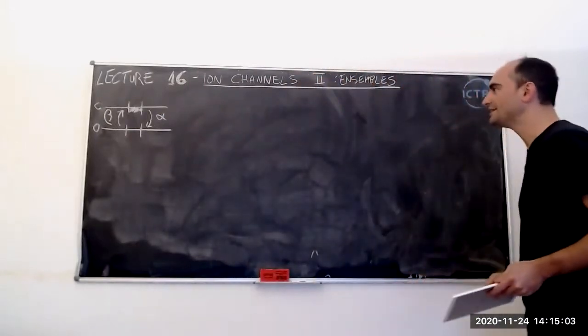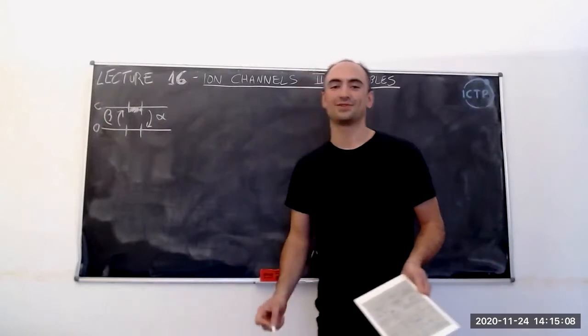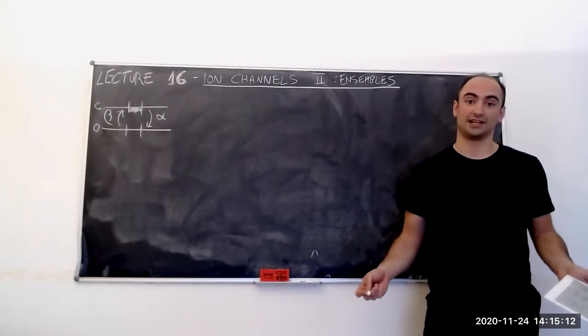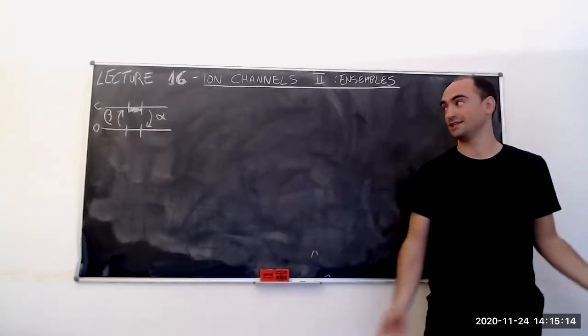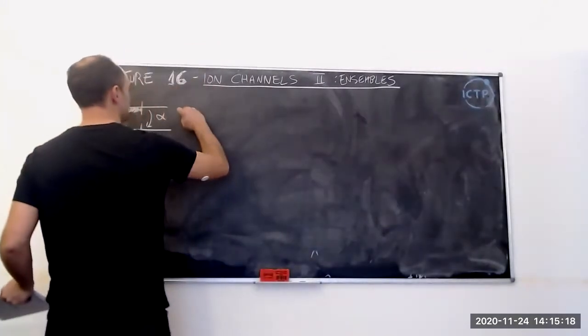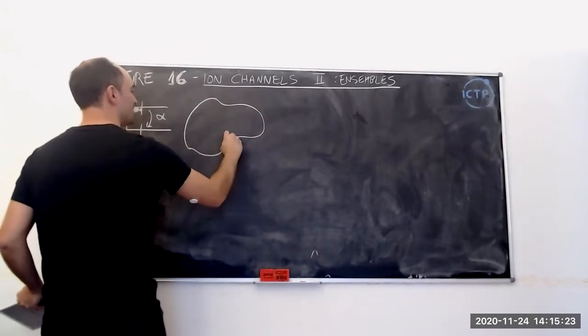However, this is not the most accurate description of what happens in a cell. In a cell, you have to think that there are many ion channels. So you have a membrane, the membrane is large, and you will have the full membrane of the cell, whatever it is. And here there will be many of these ion channels.